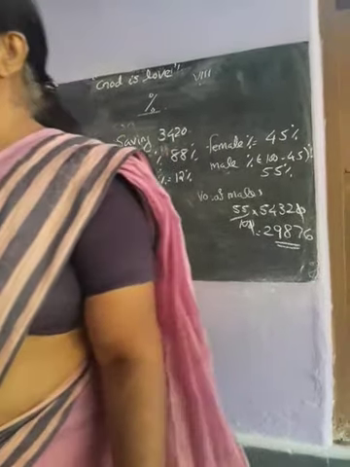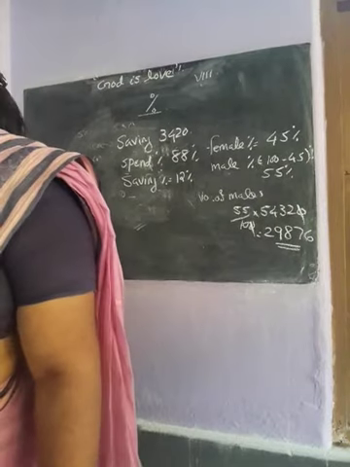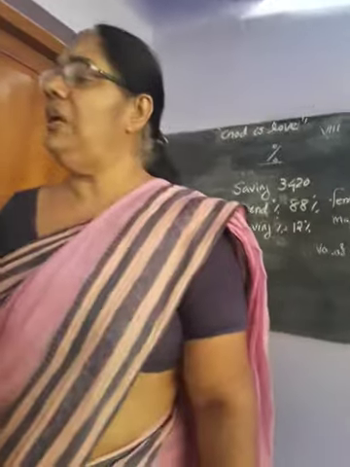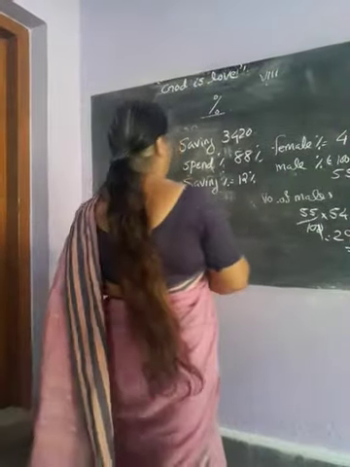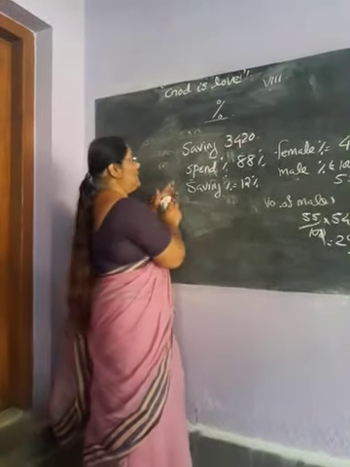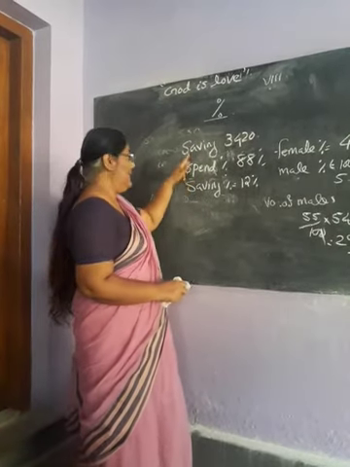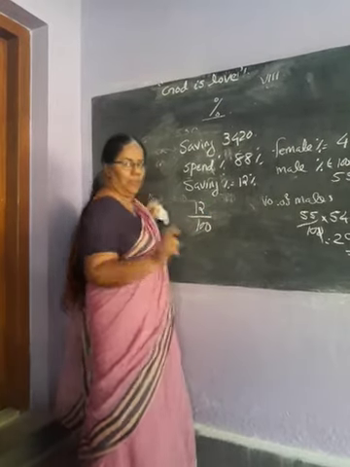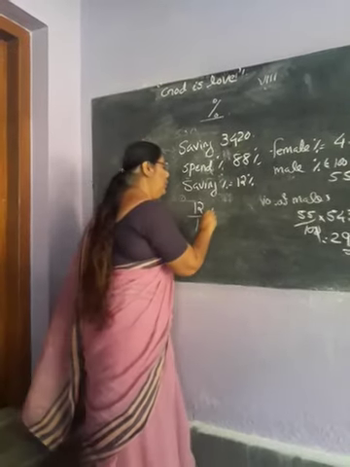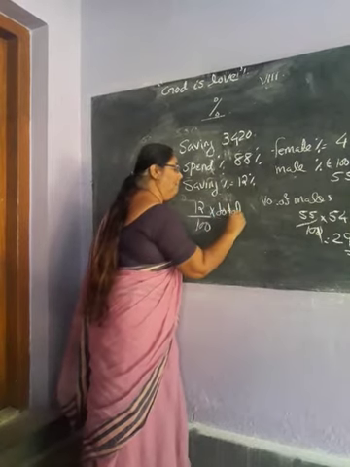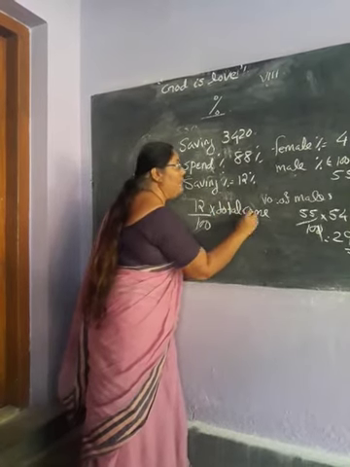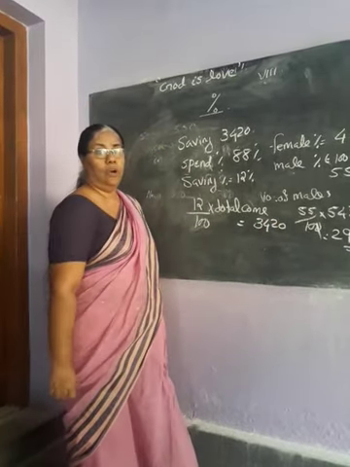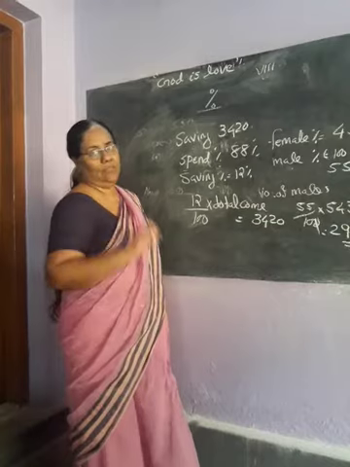Now read the question. Rohini spends 88% of her monthly income. If she saves rupees 3,420, what is her monthly income? Her monthly income is, what is given here? The relation connecting savings given. 12% of total income, she saves 3,420. 12% of total income she saves.